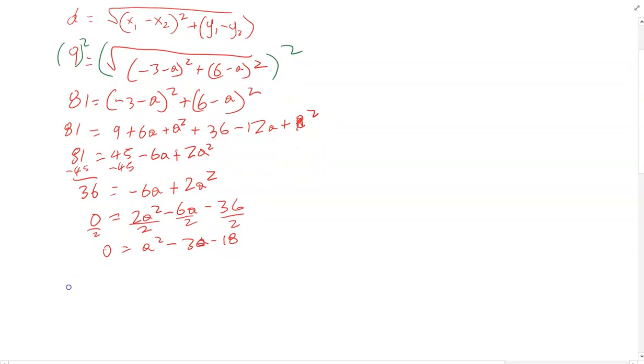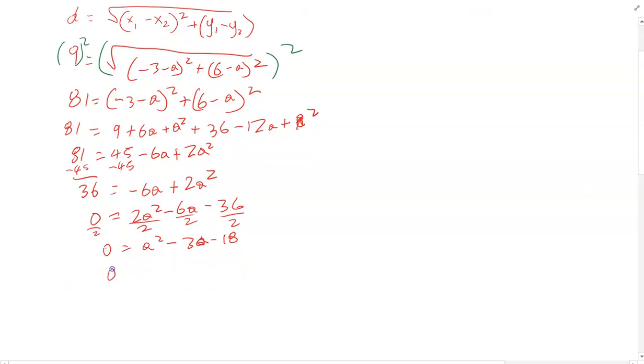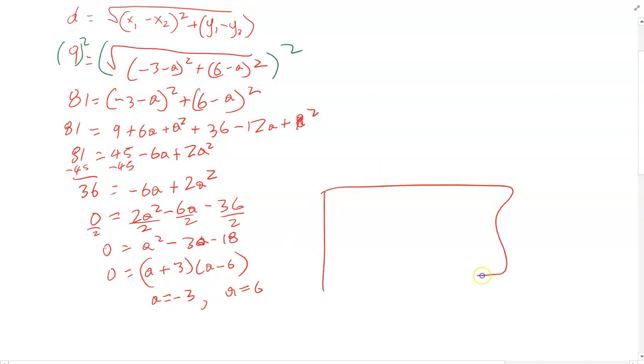If we factor the right side, we have 0 equals (A plus 3)(A minus 6). So A will be equal to -3 and A will be equal to 6. So your solutions are (-3, -3) and (6, 6).